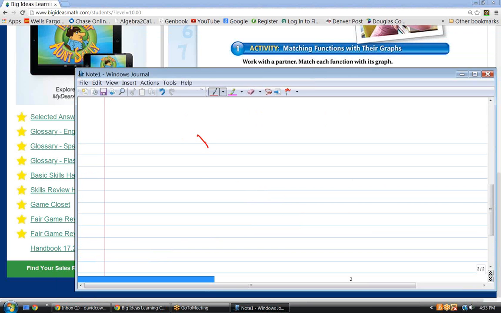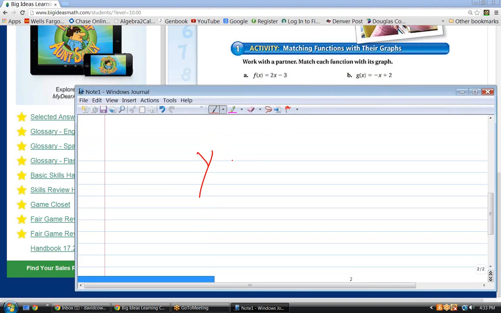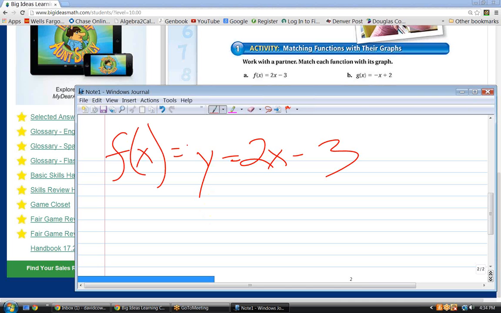Because what you're used to seeing up until now is y equals 2x minus 3. So why do we change y to f of x? Well, f of x merely means that we have a function of x. In other words, the function that's being defined is not a function of z or q or r, but x.